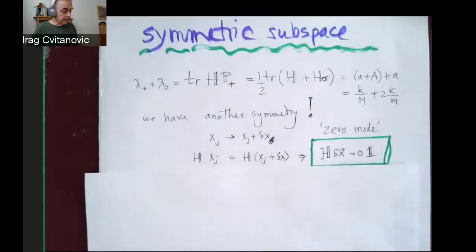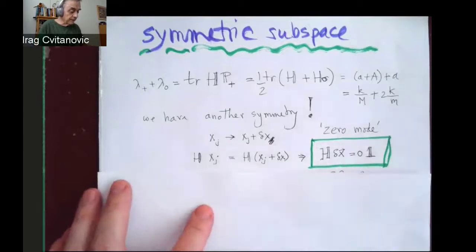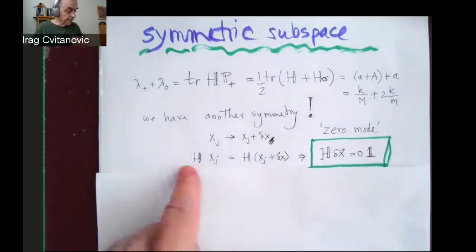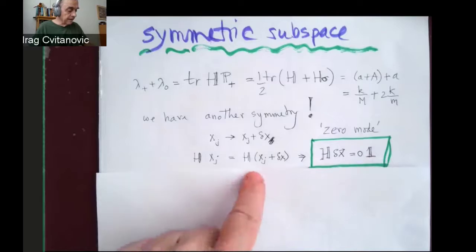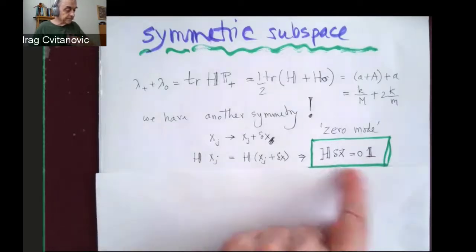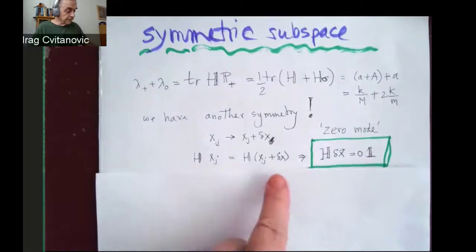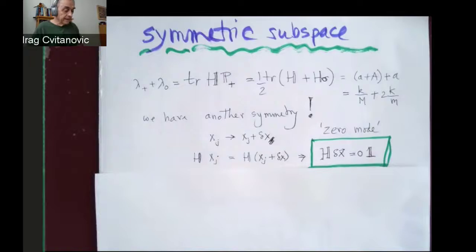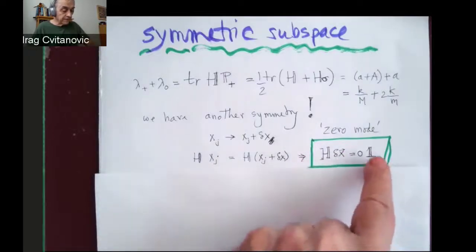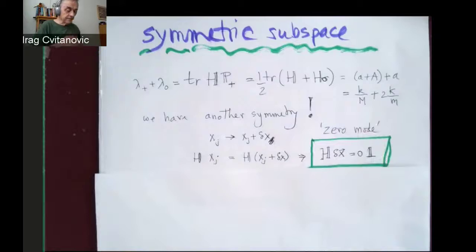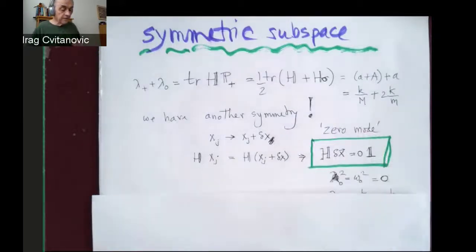Measured in any translated coordinates, these two parts are the same. And that means that the extra term satisfies the equation that H acting on the extra term is 0. And this is a matrix of 0, which I write as 0 times the matrix. In other words, a zero mode, in the lingua of the subject. And the general principle is whenever you have a continuous symmetry, there should be zero eigenmodes.